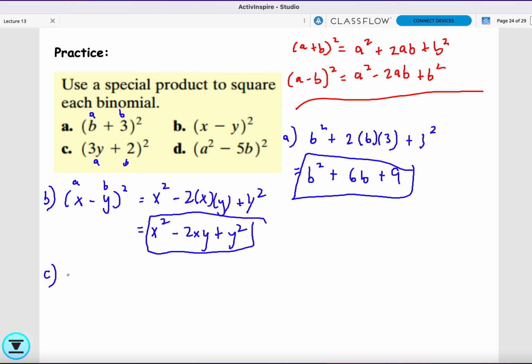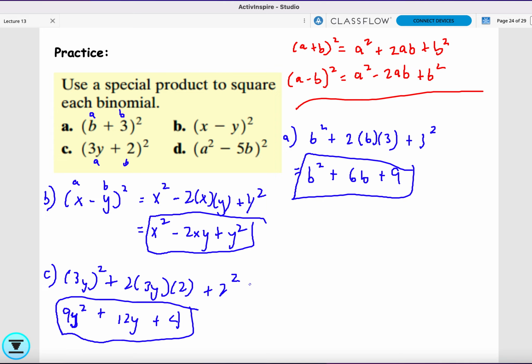So then we get a squared, right? So a squared is (3y) squared plus 2 times a, which is 3y, times b, which is 2, plus b squared, which is 2 squared. So (3y) squared is 3y times 3y, which is 9y squared. 2 times 3y is 6y, times 2 is 12y, and 2 squared is 4. And you're done. And then D, we have a minus b.